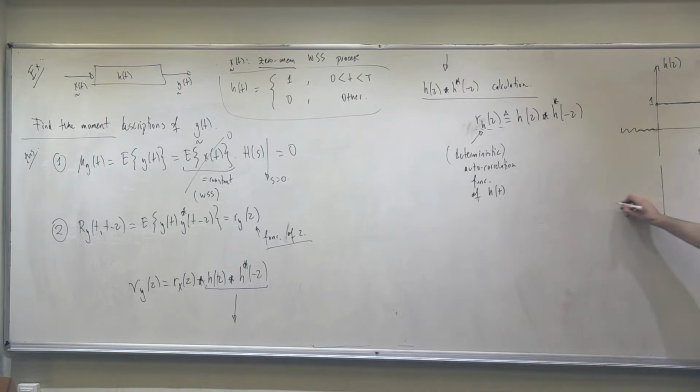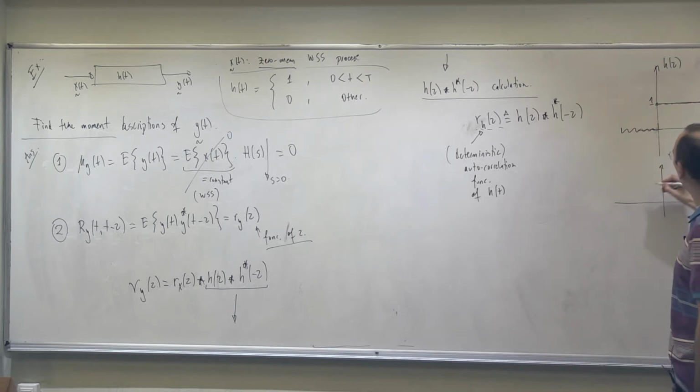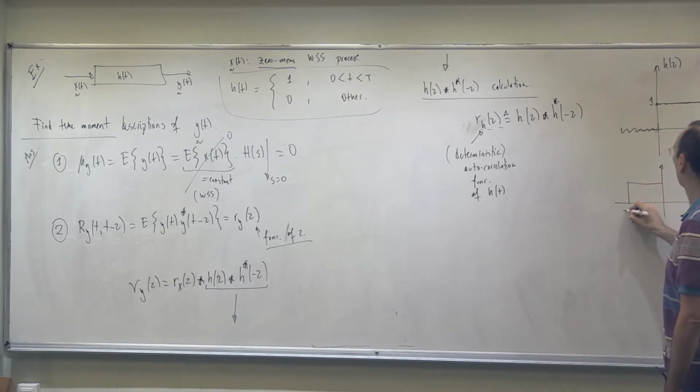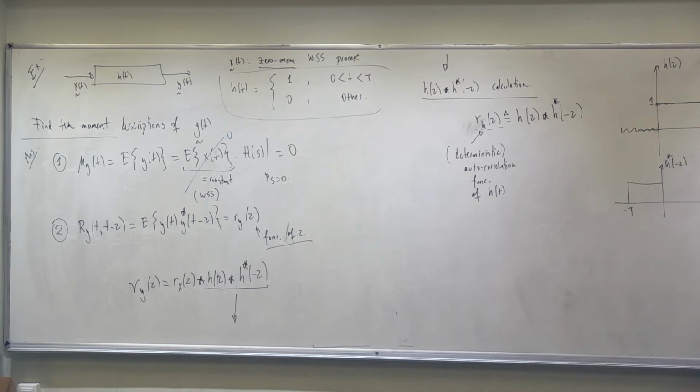Now, one more sketch. So how about h of minus tau? H of minus tau is, okay, let's put the conjugation over here. So this is 1, this is 0. This is the function that I call the flipped version. If you assume that there is a mirror over here, whatever you see is flipped on the side of the mirror. That is the reason we call this the flipping operation. The reasoning is very simple.